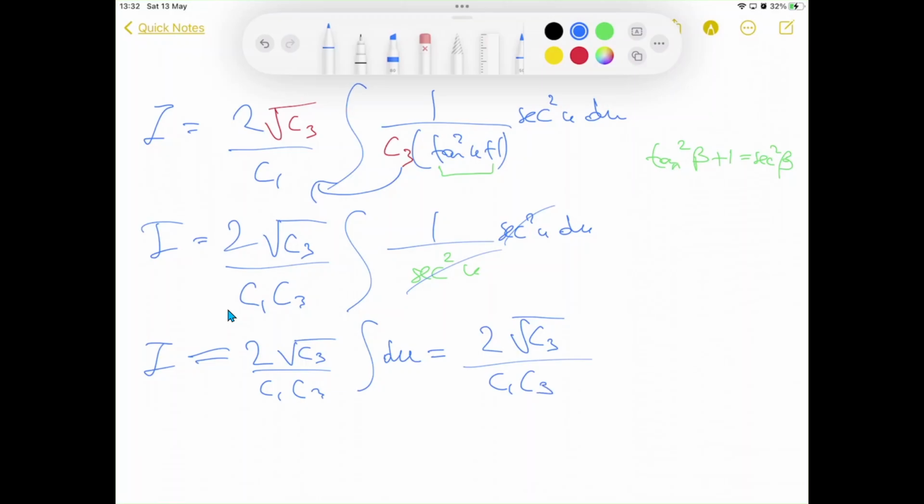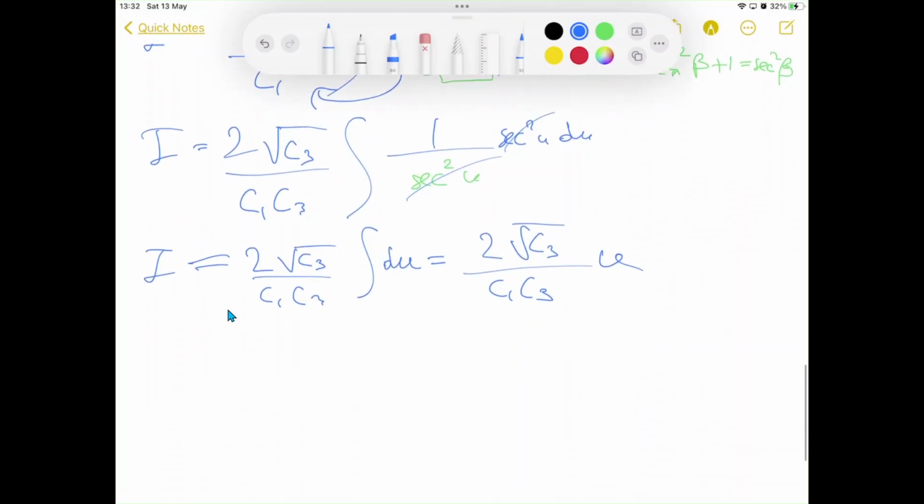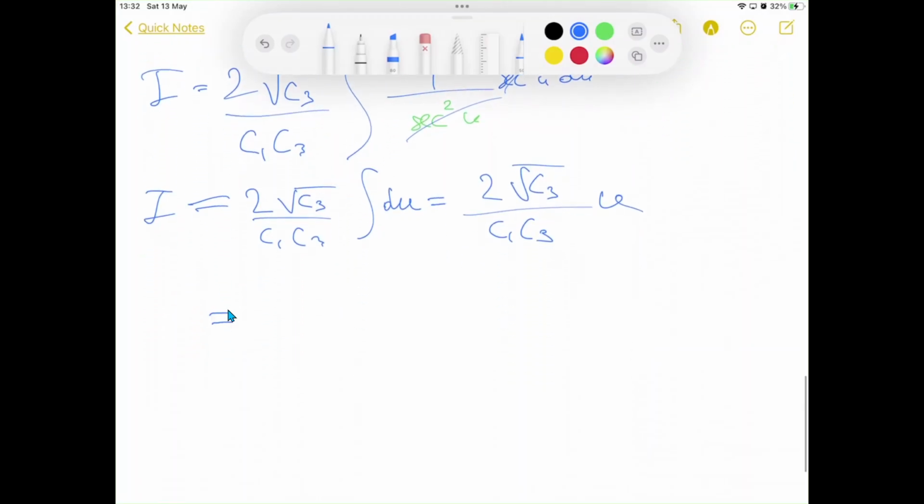So c1, c3, u. And now all we need to do is bring this u back into t and the t back into x, and then replace the constants c1 and c3 in terms of a and b, basically. So now what do we do? Let's first replace the constants.